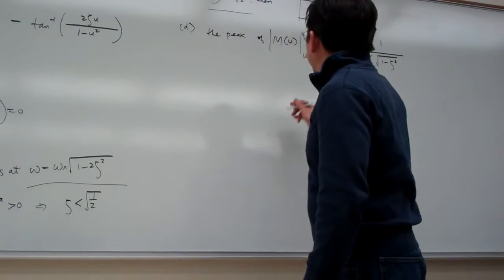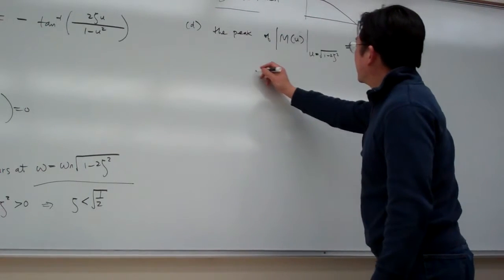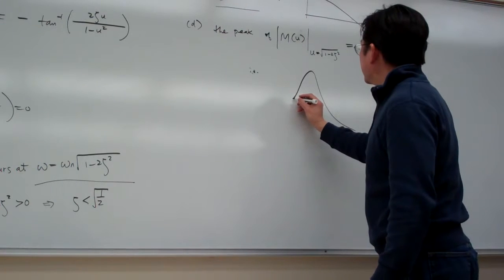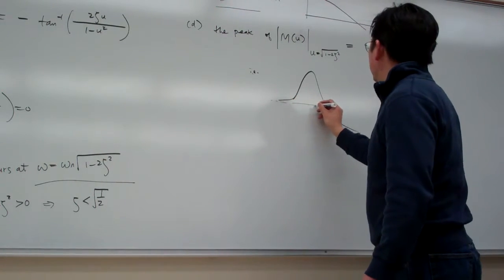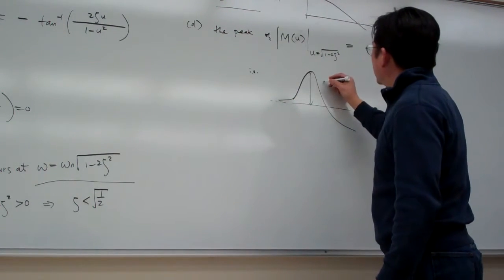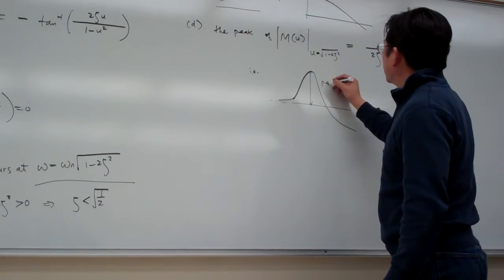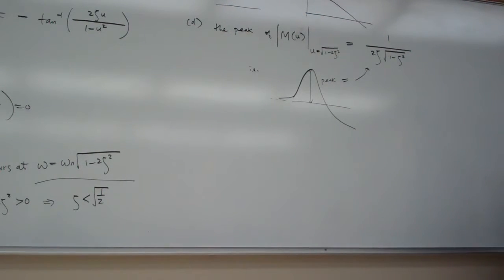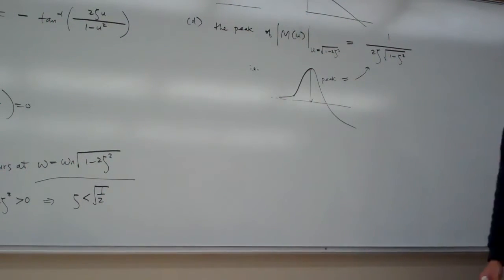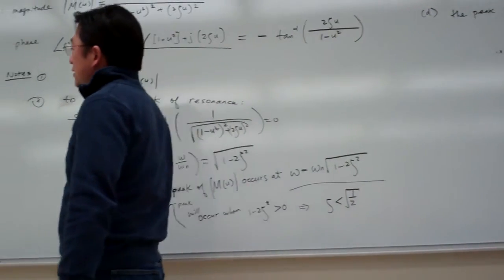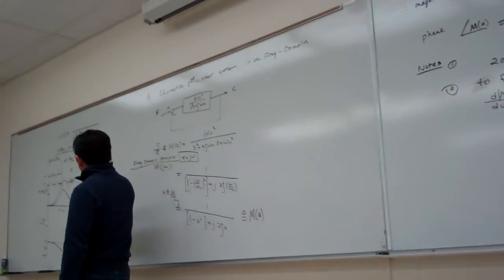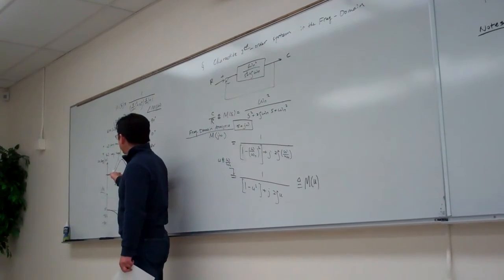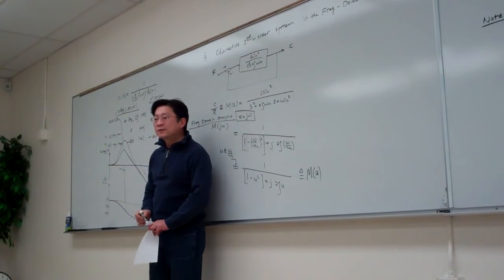So that means if we have a peak phenomenon, then the peak is equal to this one. So from this analysis, we can precisely know what the magnitude, the height, is, and precisely when it happens.